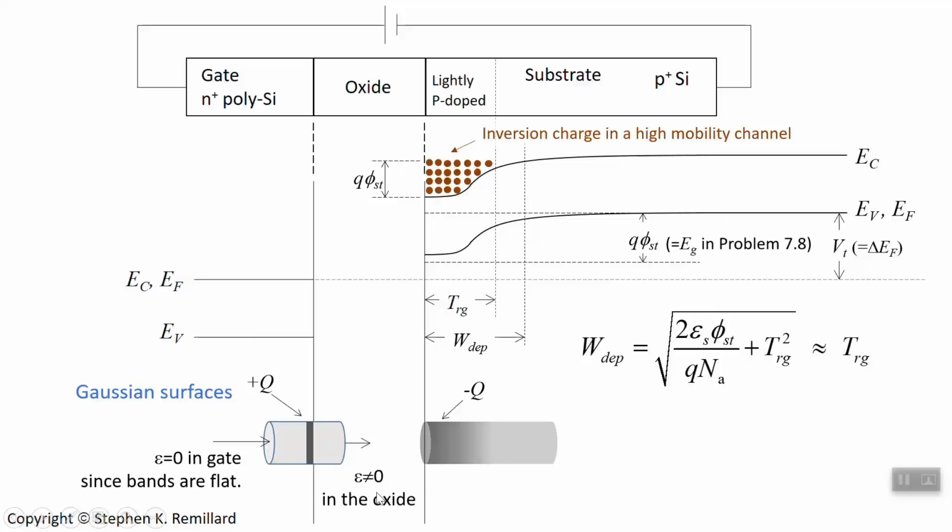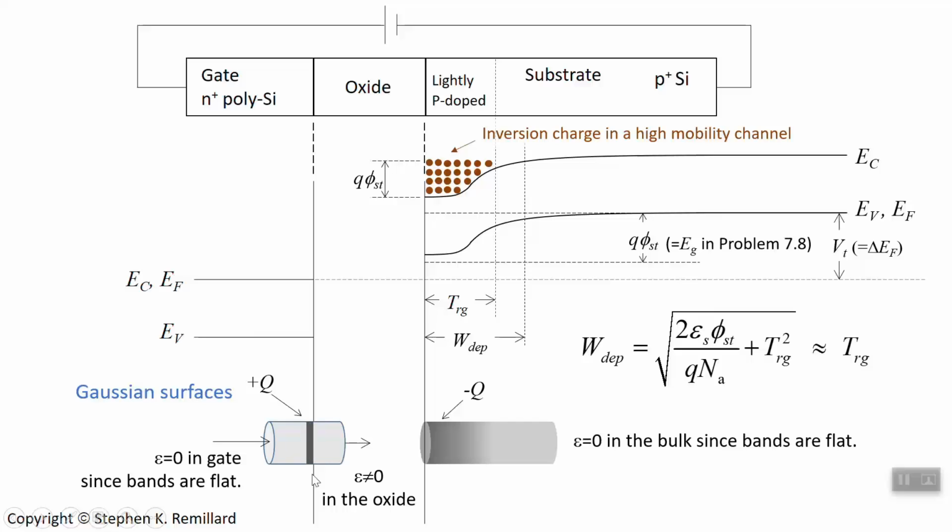Inside the oxide, there's plenty of electric field. But then deep inside the semiconductor, also no electric field. That's a little less evident. I mean, we say there's no E field inside metals, and we just sort of take that at face value. But deep inside the semiconductor, there's no electric field because the bands are flat. So there's no potential difference. So where there is the electric field is inside the oxide and also inside charge regions.